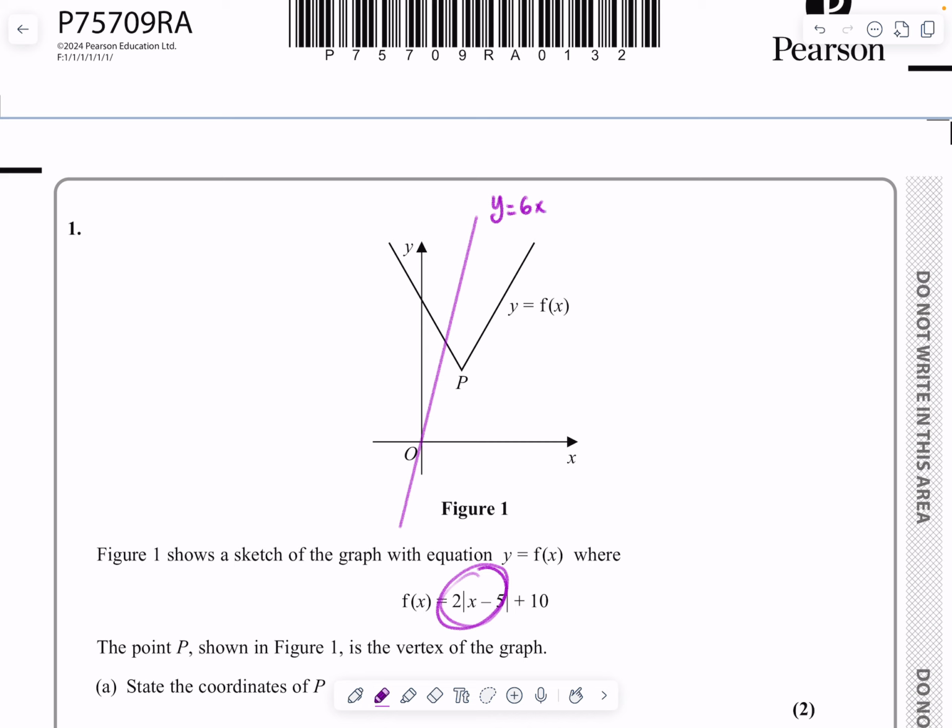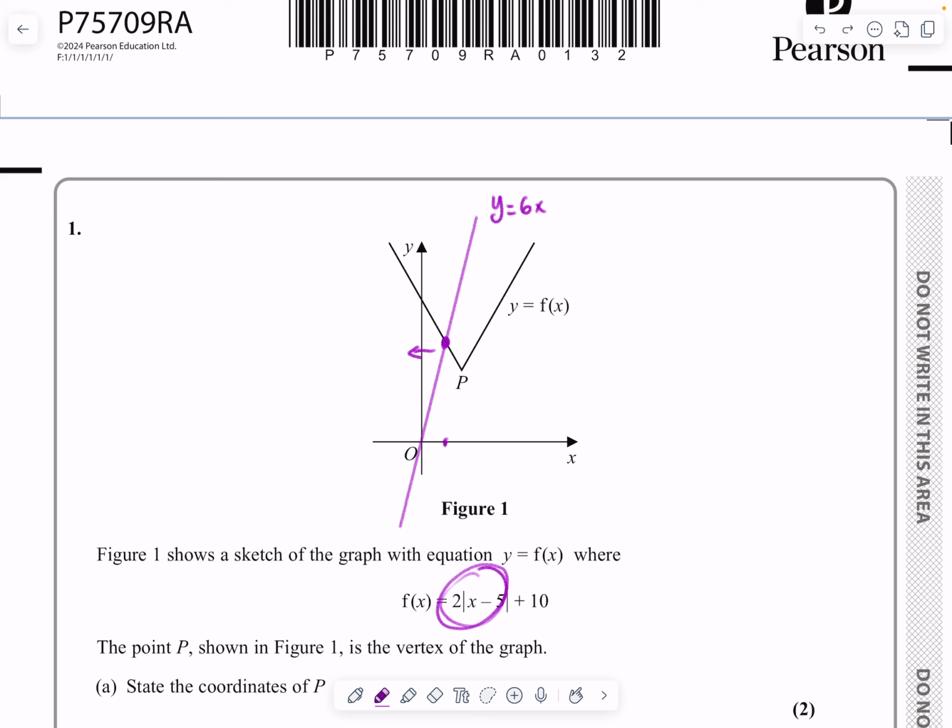And what I can see from that is that there is just one point of intersection. Once I find that point of intersection, when x is less than that value, apologies, we're looking for when it's less. So to the left-hand side here, when x is less than whatever this value is, then the 6x will always be less than the function.